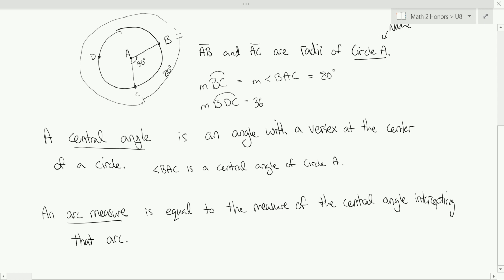So if we say, well, 360 minus the 80 would give us the 280 degrees, right? So we'll add to this a minor arc has a measure less than 180. Whereas a major arc has a measure greater than 180.